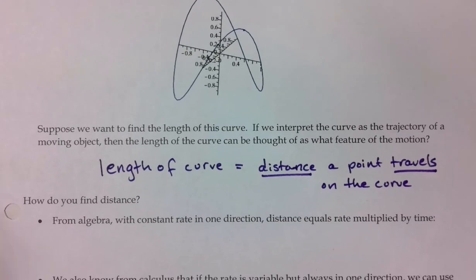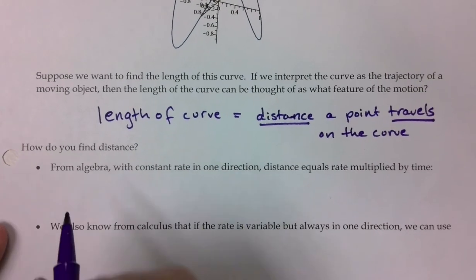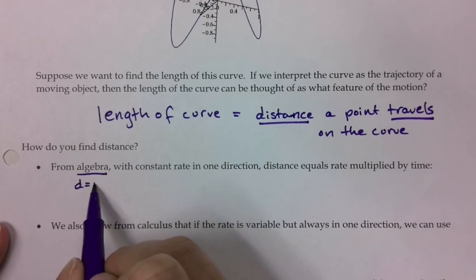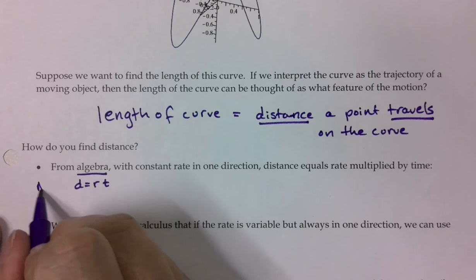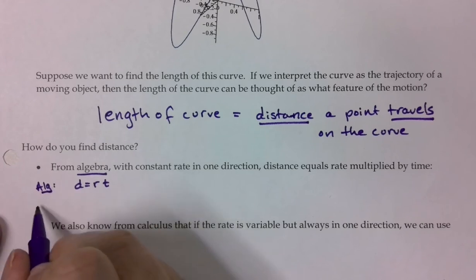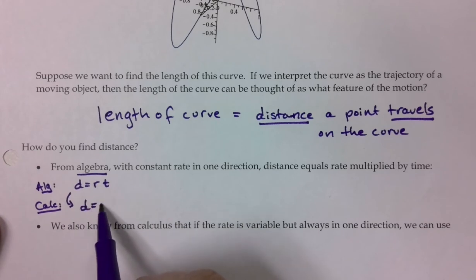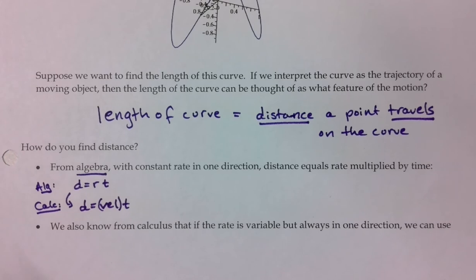All right, now how would we find that distance? I remember learning in algebra that distance equals rate times time. But in calculus, we learn, not quite. The rate thing is a little weird. So we make it distance equals velocity times time, right?